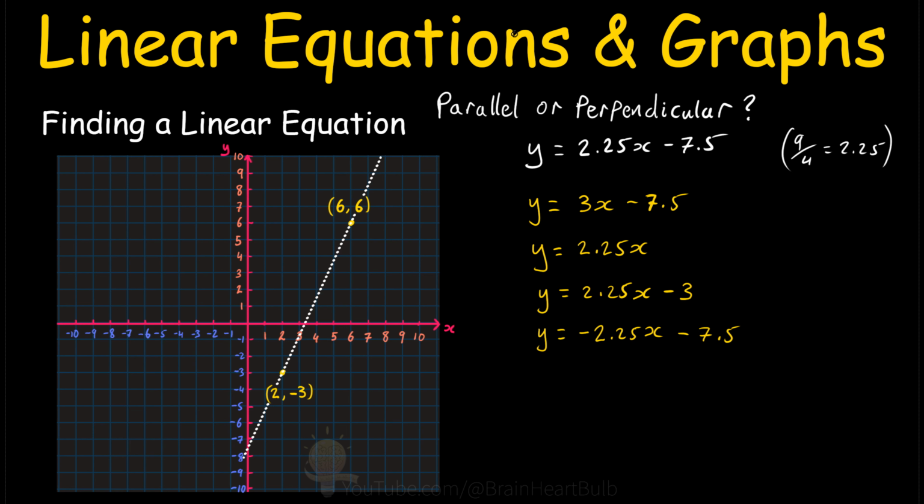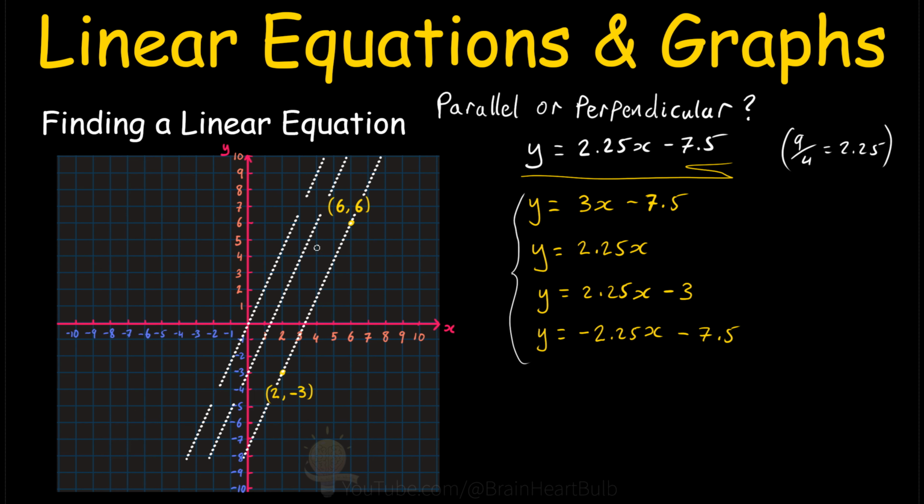Let's first look at equations that are parallel. If we have a look at these 4 linear equations here, are there any that are parallel to this equation? Well, when we have parallel lines, their gradients should be the same, like these 2 lines here, but their y-intercept can be different.